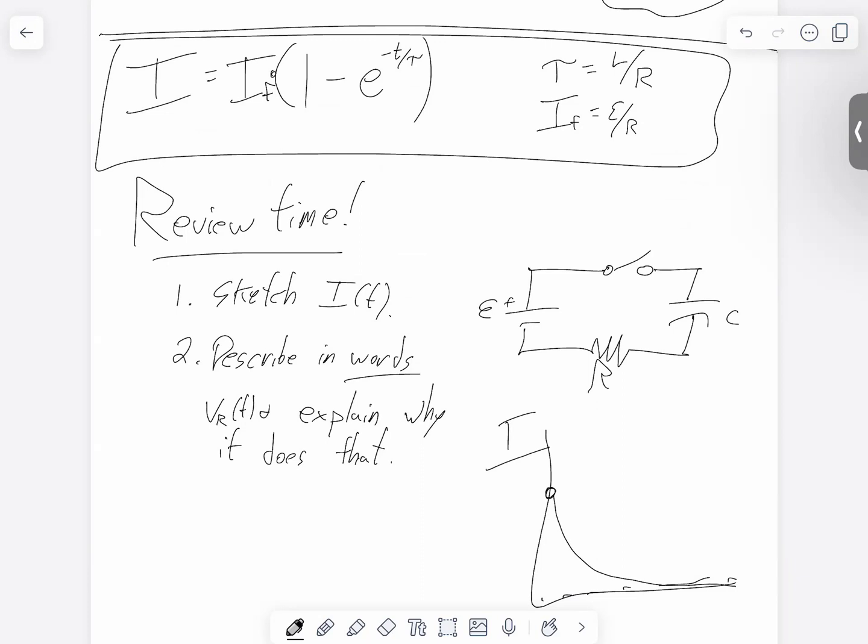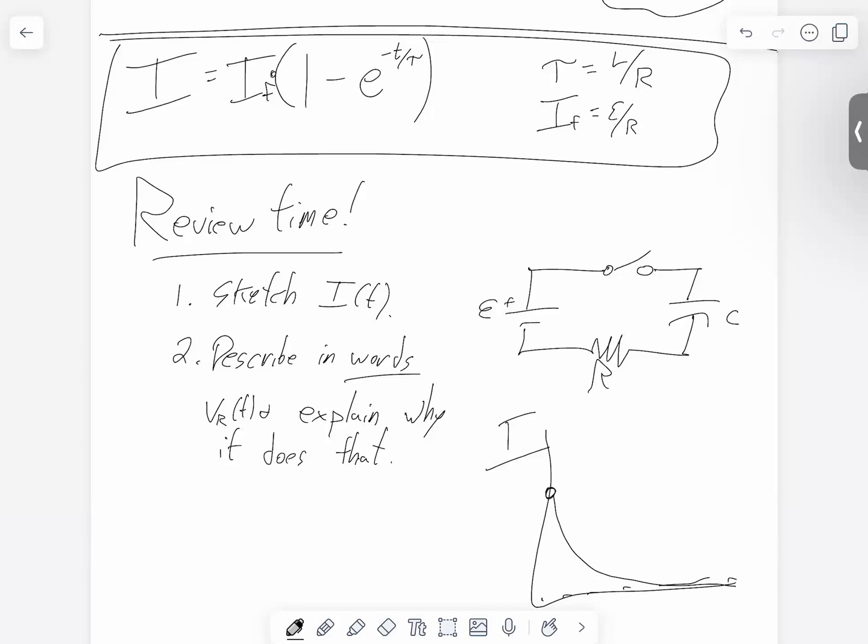The first few electrons cost no energy, right? If there is initially no charge on the capacitor, there's a big initial onrush of current. What does a big onrush do? It charges up the capacitor. The rapid increase in voltage here means there's a rapid decrease in voltage here. If this builds up its voltage, there's less left for here.